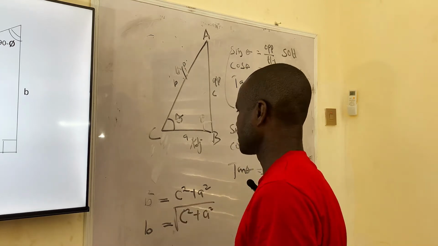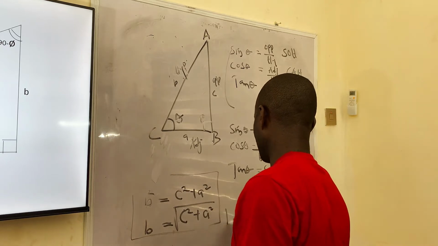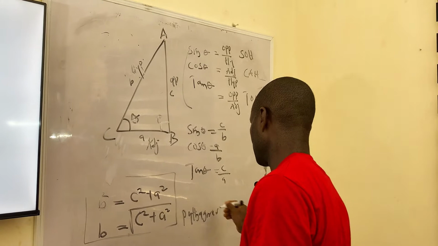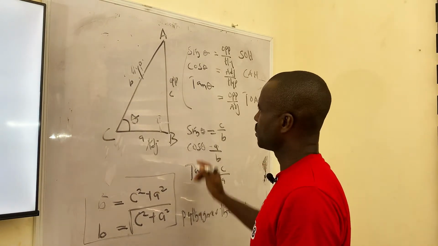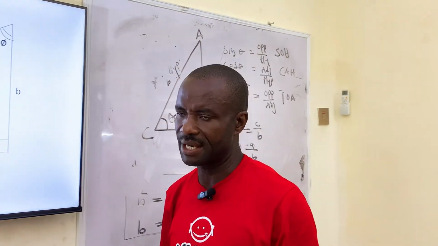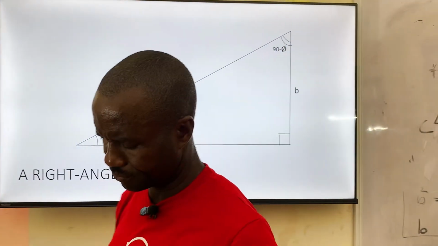This is simply called Pythagoras theorem. Until you understand these two parameters in a right angle triangle, you won't understand what we mean by trigonometry. Let's take examples.